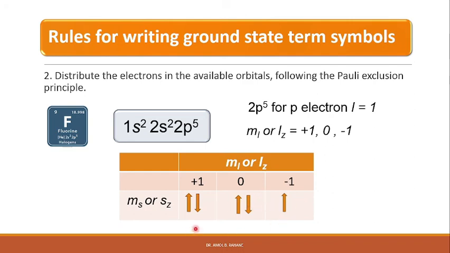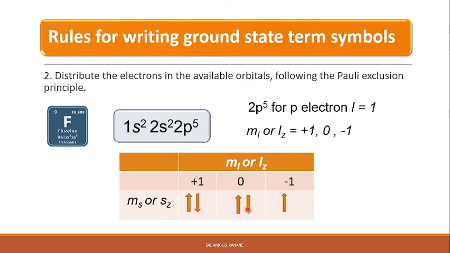So first we fill the orbital with the highest ML or LZ value with 1 electron each, and assign a maximum MS, that is SZ, to them, that is SZ is equal to +half. When the spin is up, we write SZ is equal to +half, and when the spin is down, we write SZ is equal to -half.